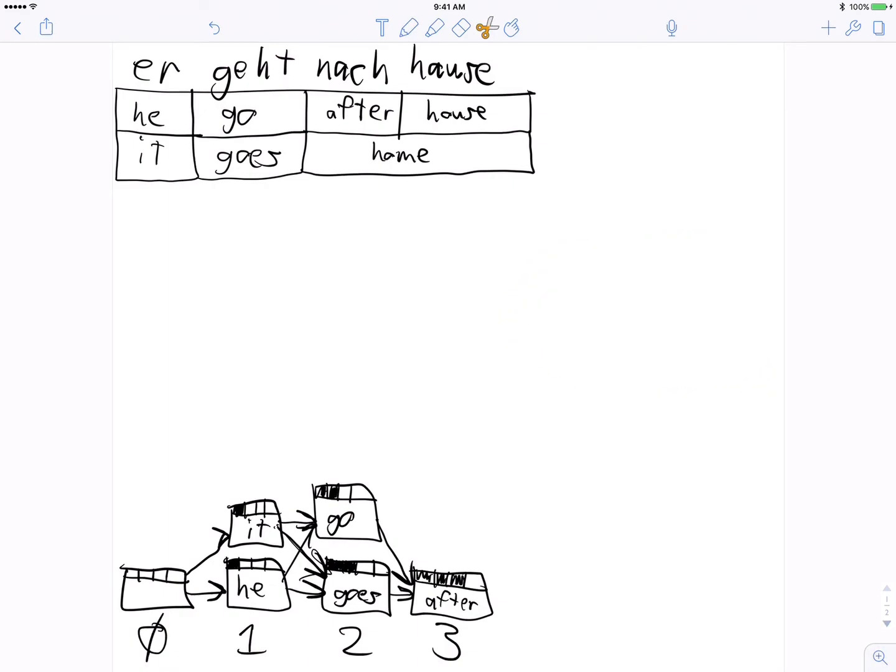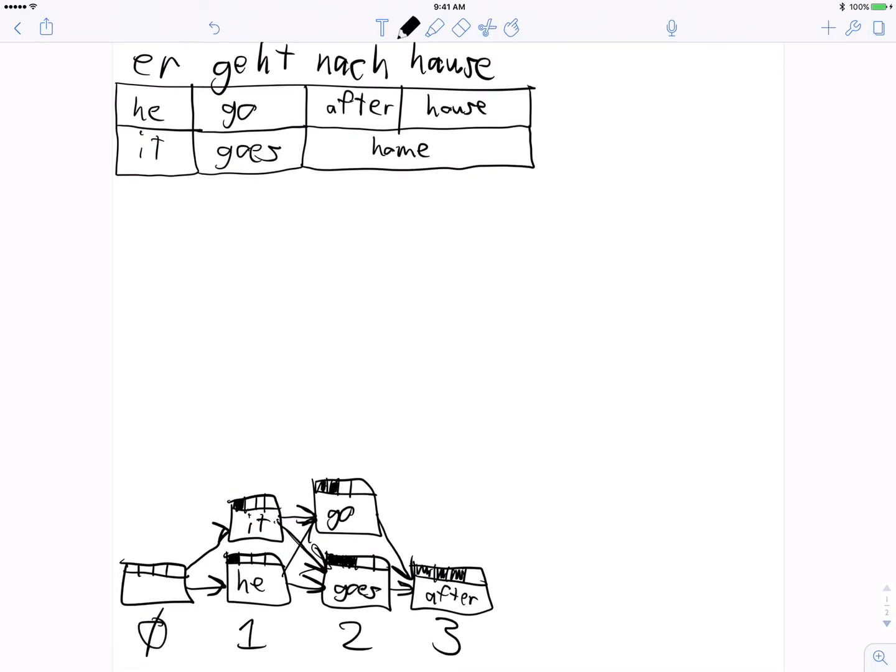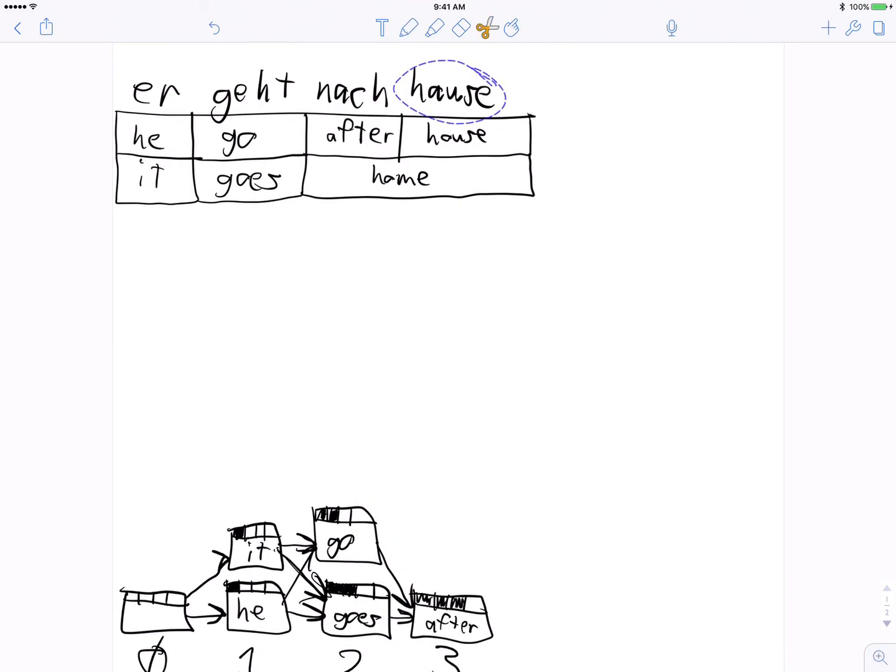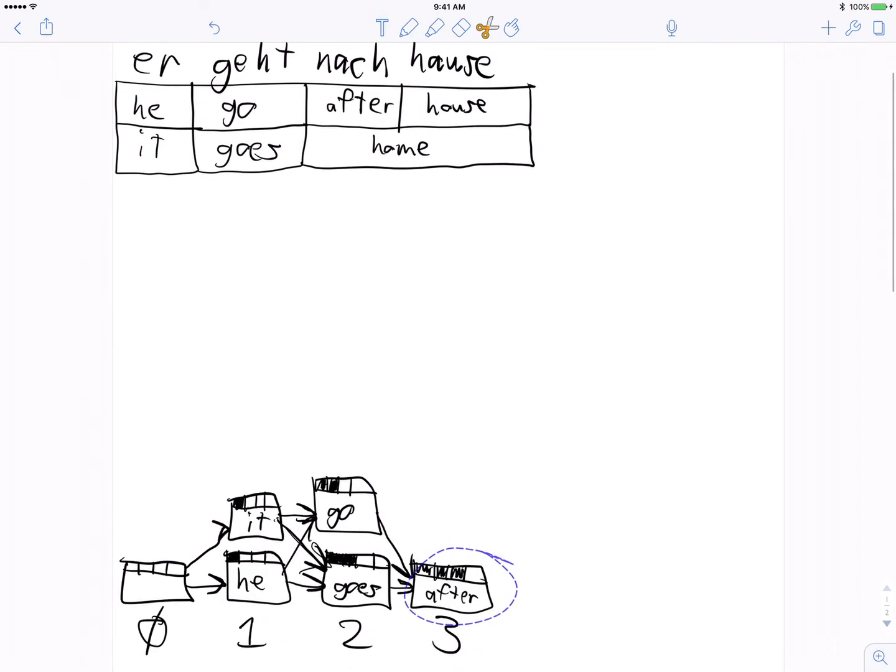Okay? Now there's 2 more ways that we could do extensions. One, we could translate Hause as house, extending this hypothesis here. How many words have been translated so far?